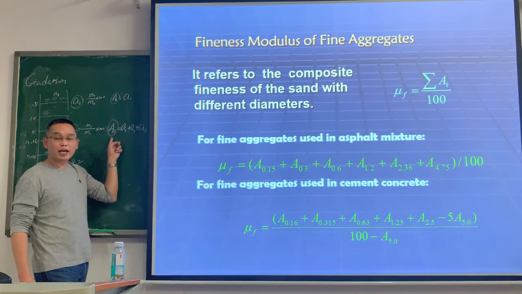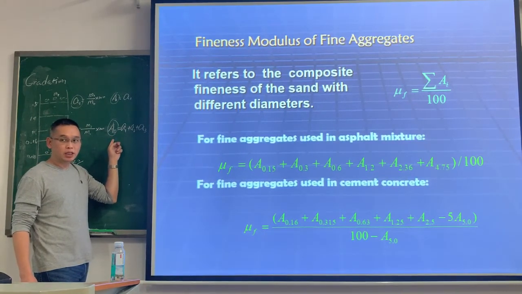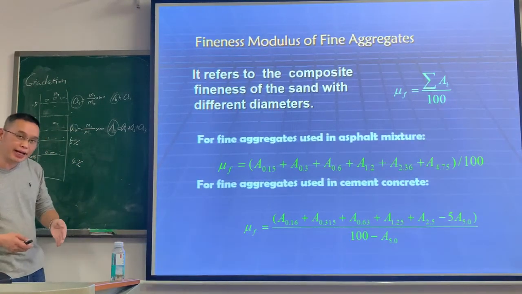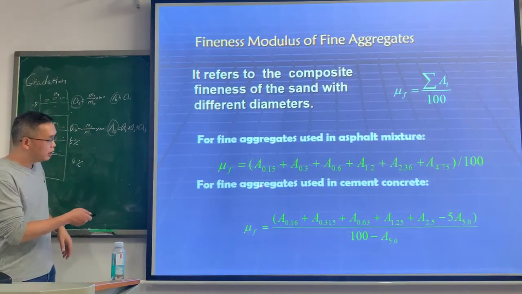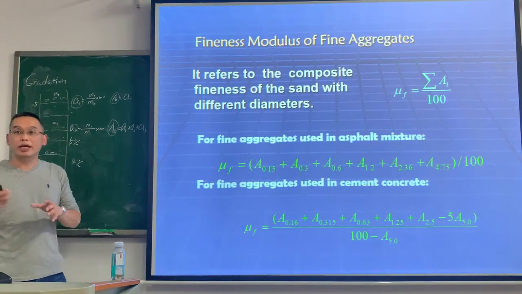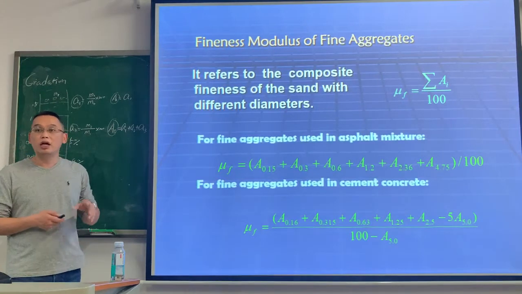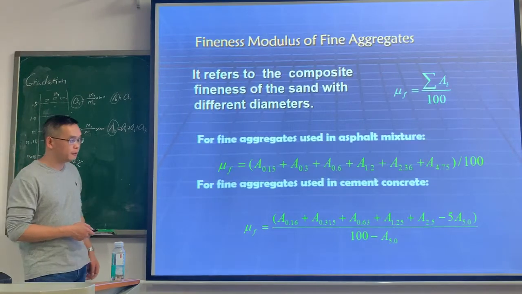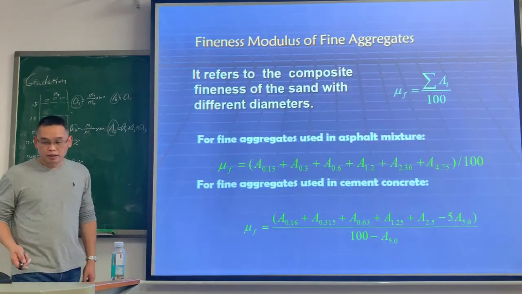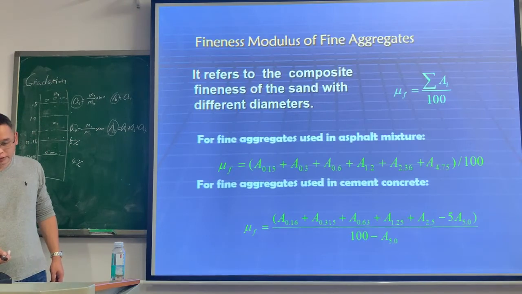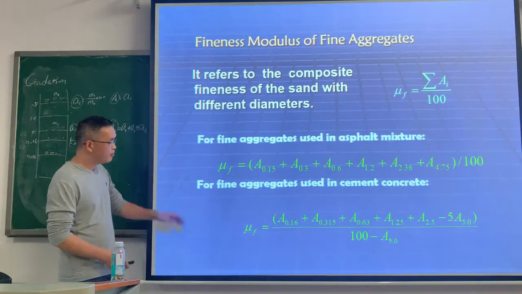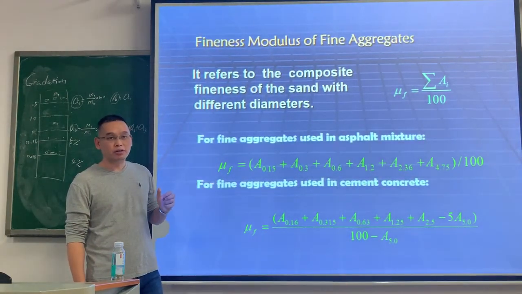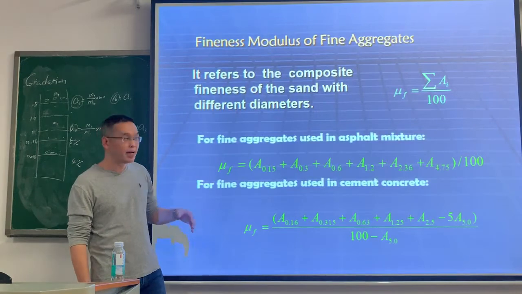It is called the accumulative percentage retained. After the sieve analysis, we can get the gradation of this aggregate, and also we can use the accumulative percentage retained to calculate the fineness modulus of the fine aggregate. After the calculation, we can get the fineness modulus. It's just some number.